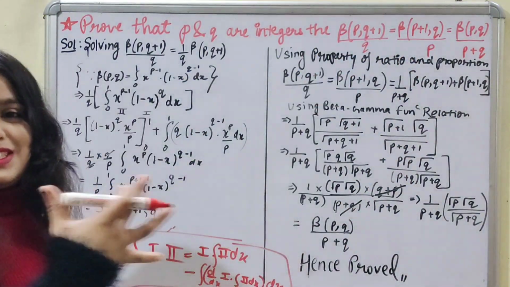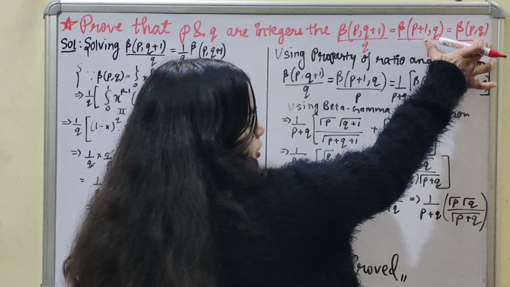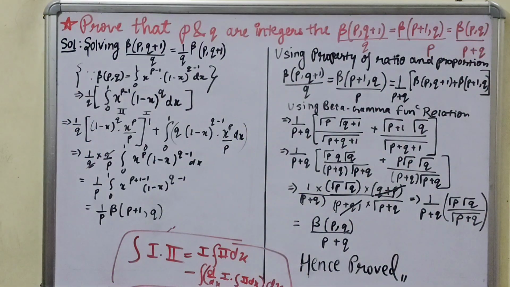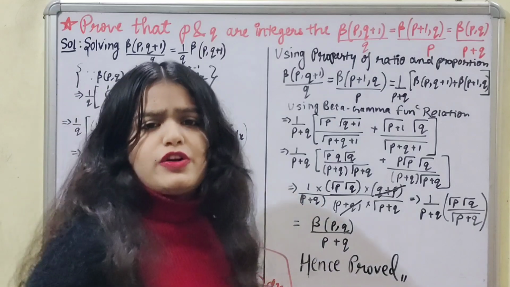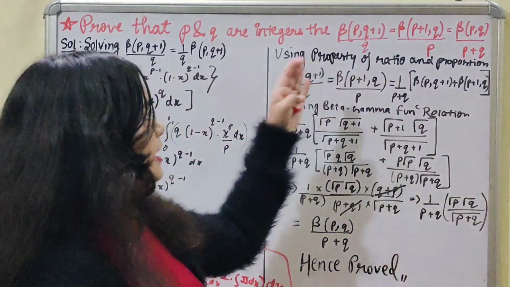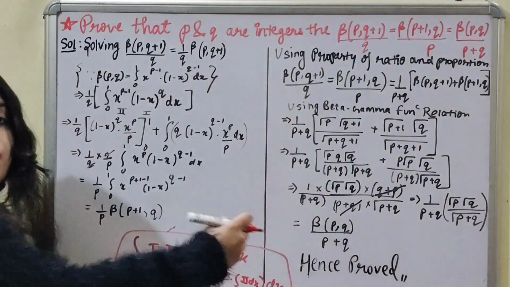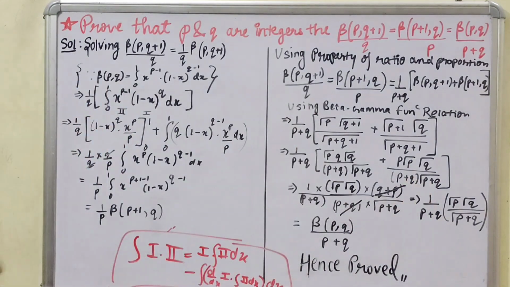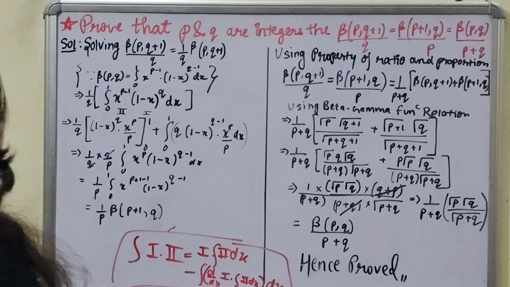Now our next turn is to prove the middle term equals the last term. How will you prove it? To make this question very simple, we are using the property of ratio and proportion that we studied in our earlier classes.